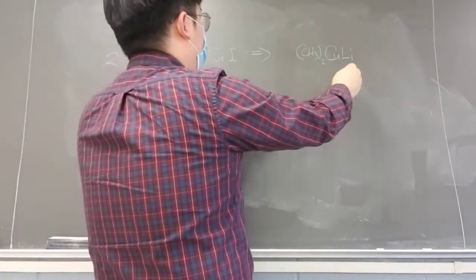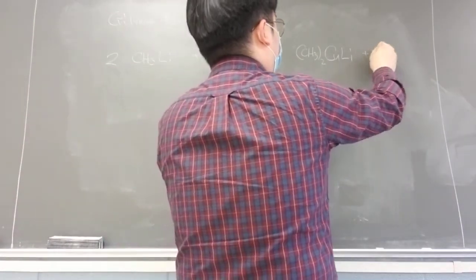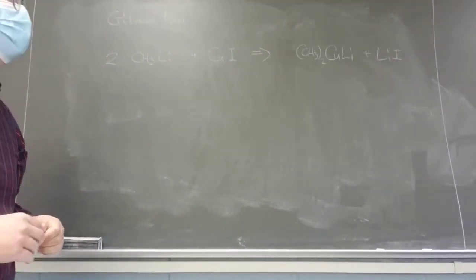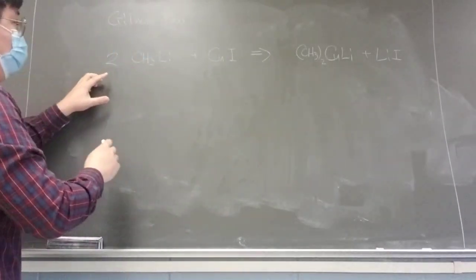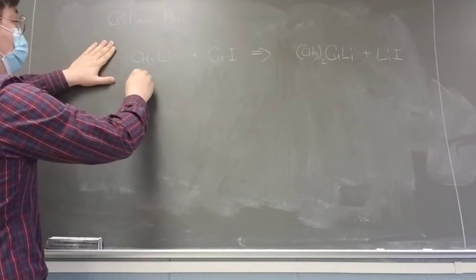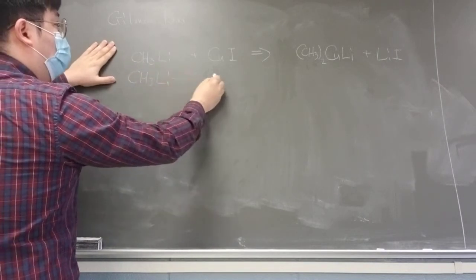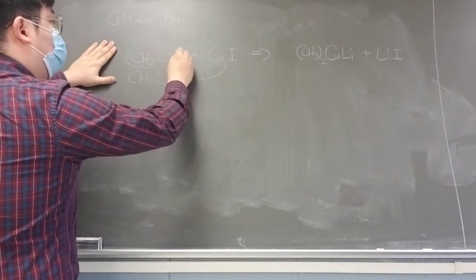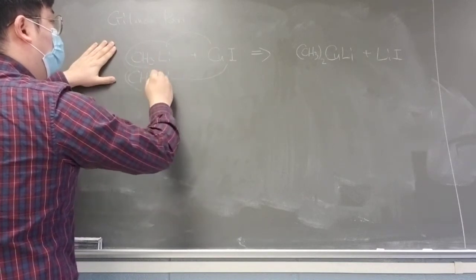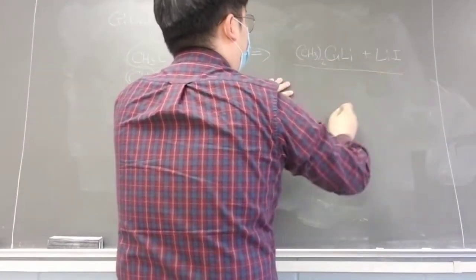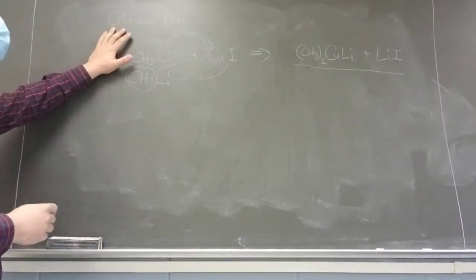So another lithium goes with the iodine, so the lithium iodide over there. Okay, so do you see this one? There's a 2 coming in. So this one goes in here, and this 2 goes with this one. So this makes this type of product from the Gilman reaction.